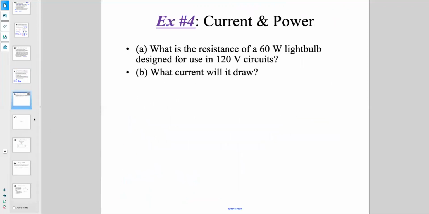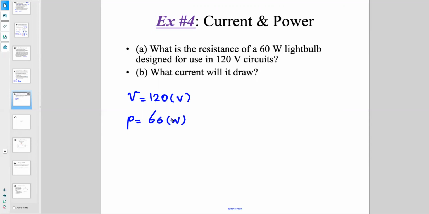Okay, let's take a look at this example. Example number 4. What is the resistance of a 60-watt light bulb designed for use in a 120 volt circuit? So we know that the voltage is 120, and we know that the power for this light bulb is 60 watts.